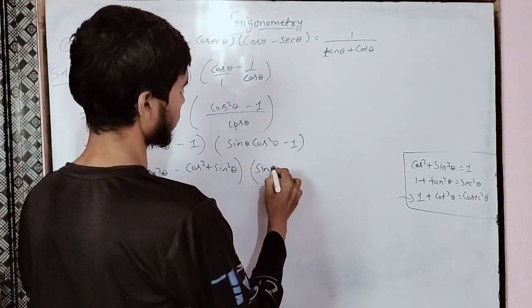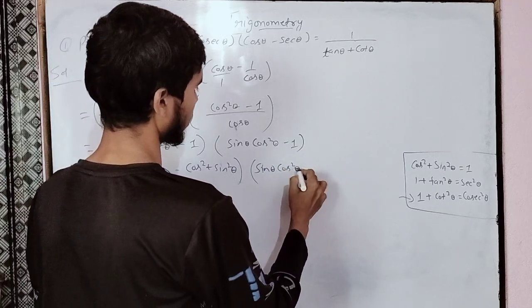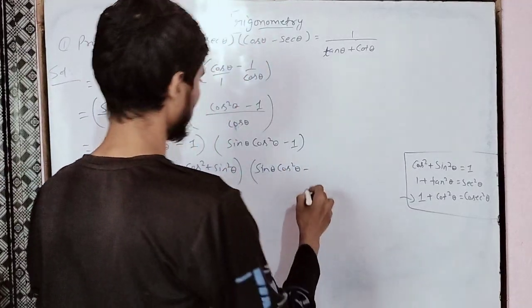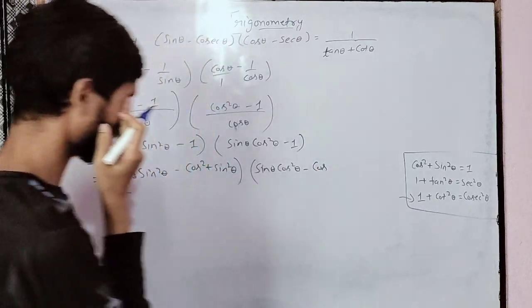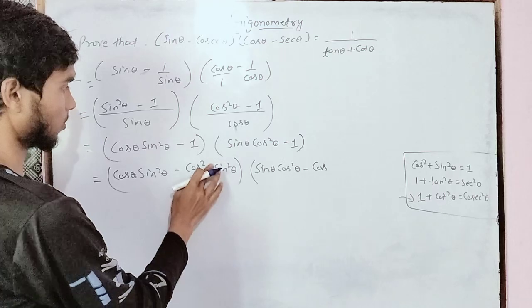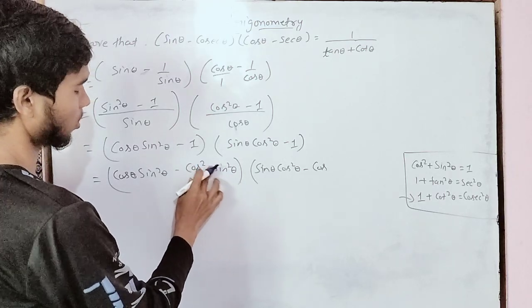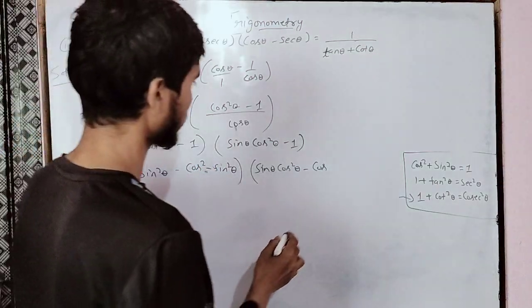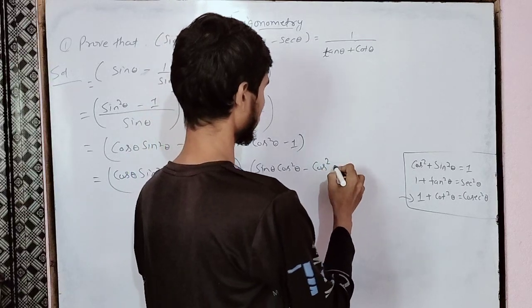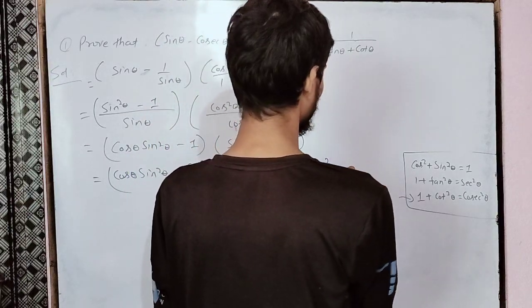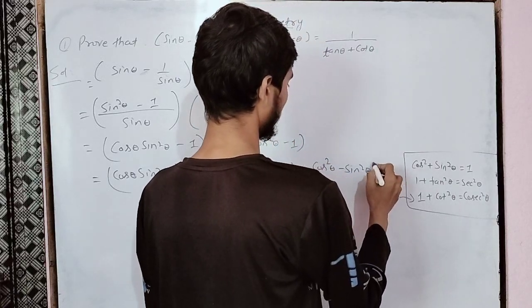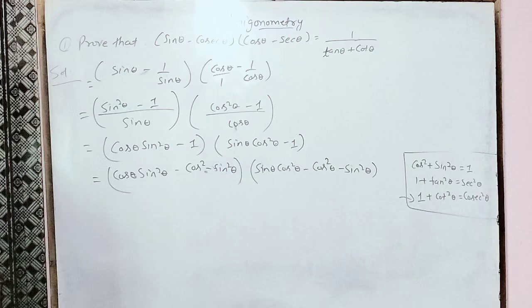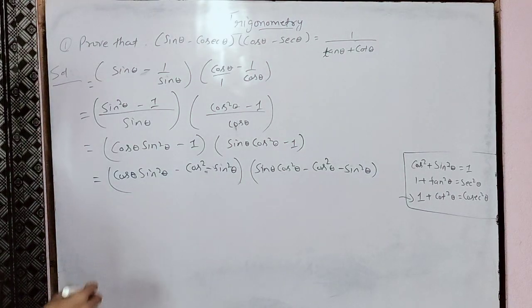Similarly here, sin theta cos square theta minus, it will become minus. Theta plus, again it will become minus. Clear?